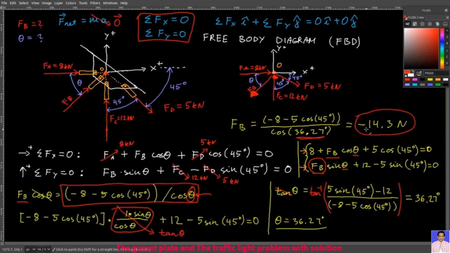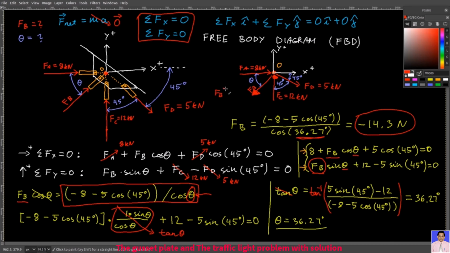So from this minus sign, I see that this arrow actually points in this direction. However, if I initially, when I construct this free body diagram, assume that this vector is like this, then if in the end Fb is positive, then my direction is correct.